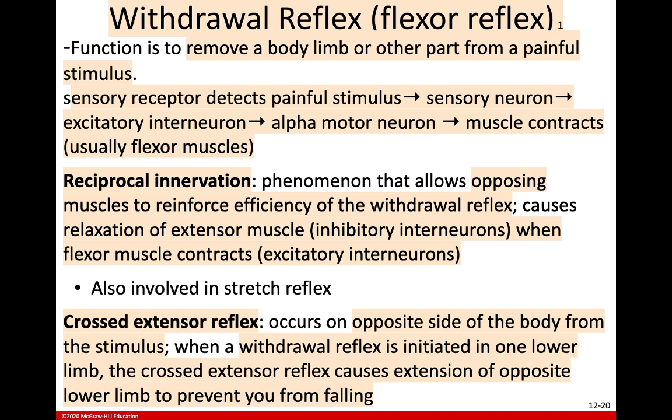So not only is this reflex going to cause alpha motor neurons that are innervating those flexors to secrete excitatory neurotransmitters, which would be acetylcholine, but it's also going to have those extensor muscles receive inhibitory neurotransmitters.